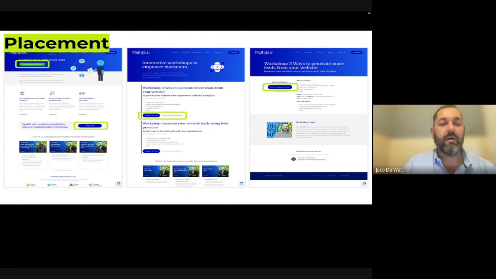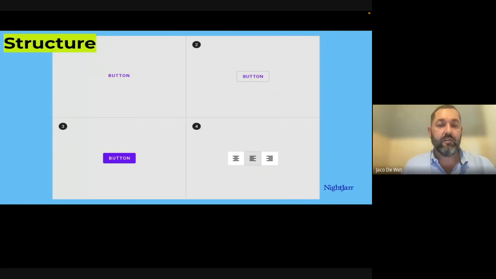So it's less about the number, and you'll see here I've created some hierarchy in terms of what I want you to do versus what you can do further on. That's how you then do the second or third button. That also speaks to what you see here, with a primary button, secondary button, and tertiary button.